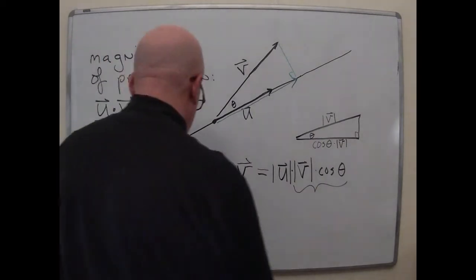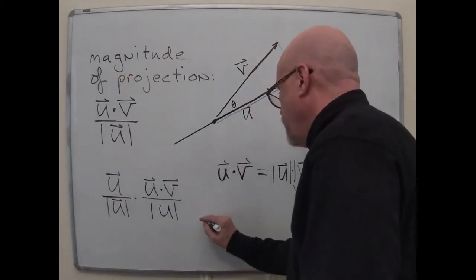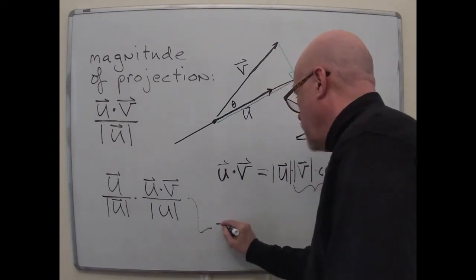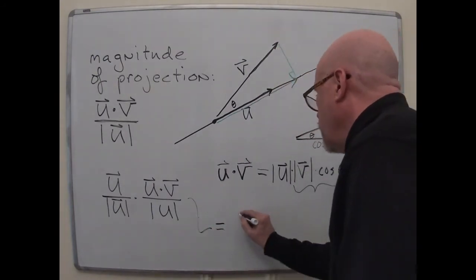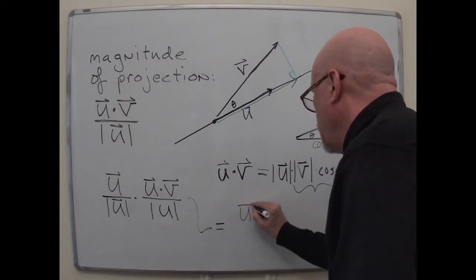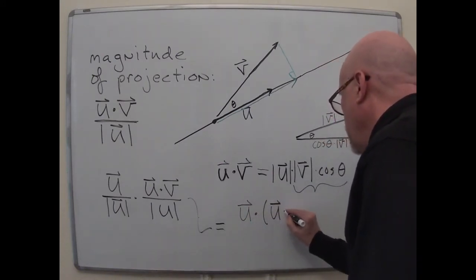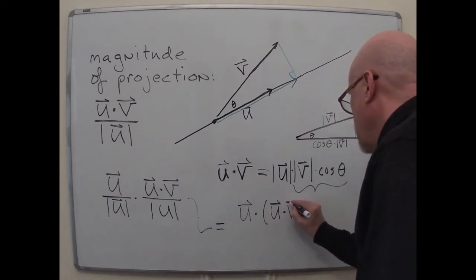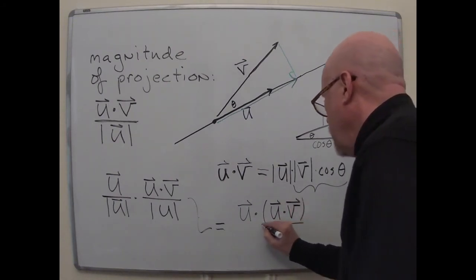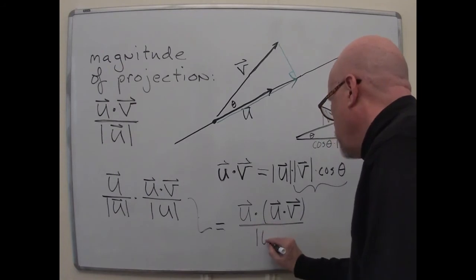Let's do that. Kind of break lines here. This is equal to u times the dot product of u with v, divided by the length of u squared.